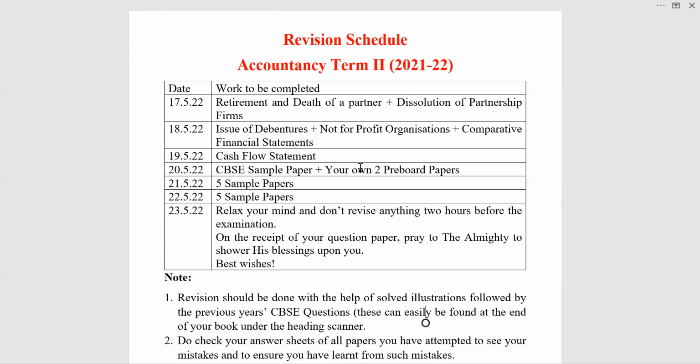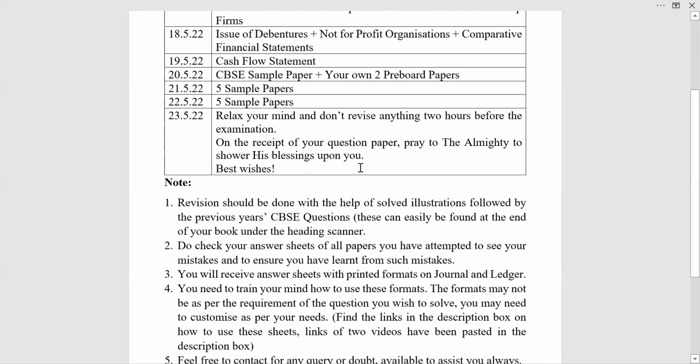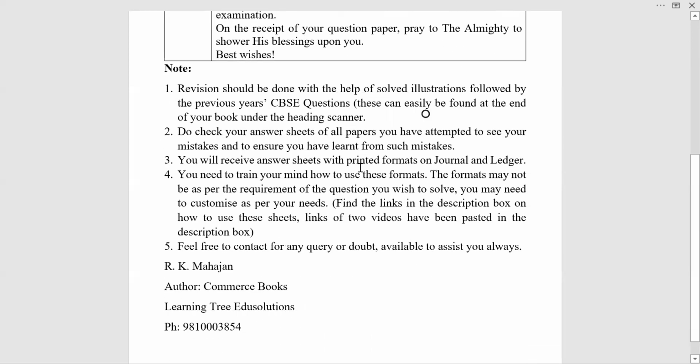Apart from all this information, I would also like to share some important notes with you. Number 1, revision should be done with the help of the solved illustrations of your book, followed by the previous year CBSE questions. These CBSE solved questions can easily be found at the end of your book under the name Scanner.